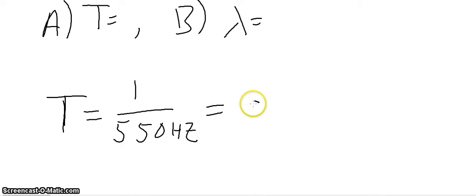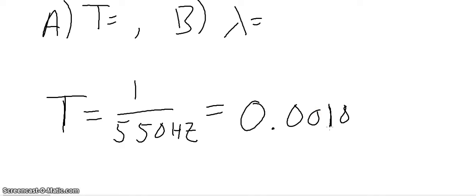It is 0.0018, and it's a repeating decimal. And since this is in hertz, 1 over hertz is just seconds. So this is seconds. All right, so we've solved part A.